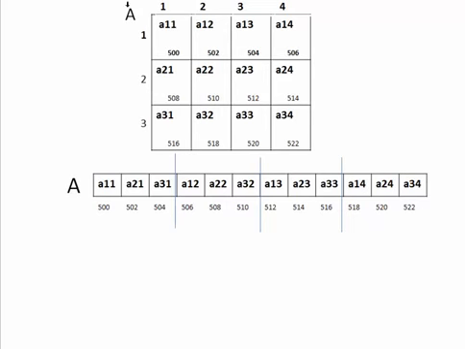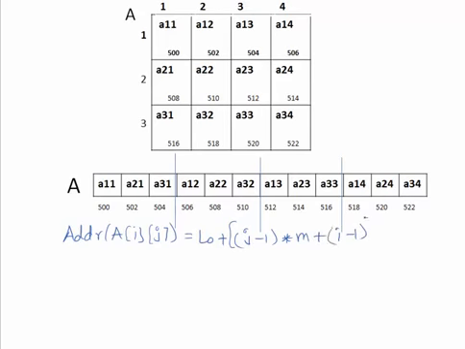In some languages, array indices start from 1 onwards. Then what will be the formula? Address of any location A of i j will be L naught plus j minus 1 into m plus i minus 1, whole thing multiplied by w.